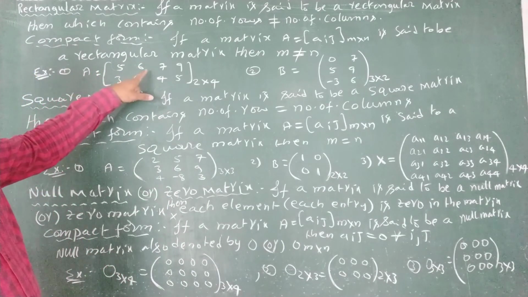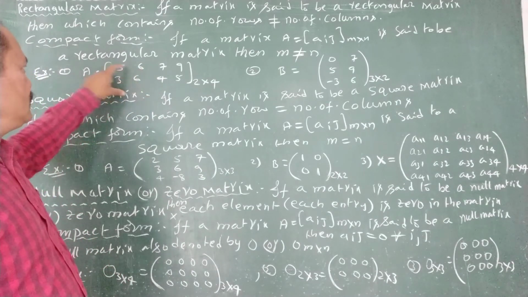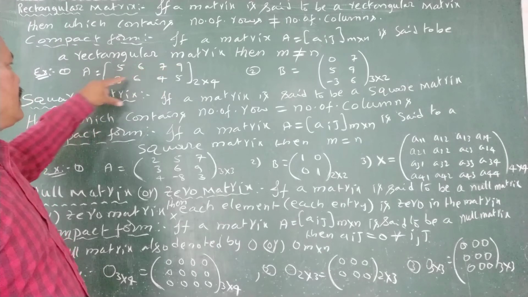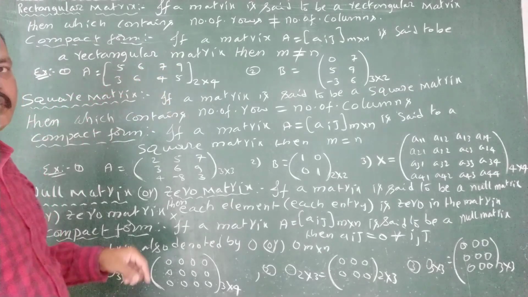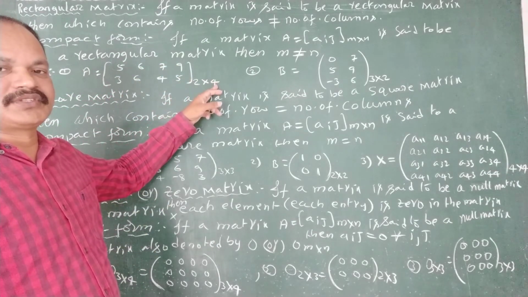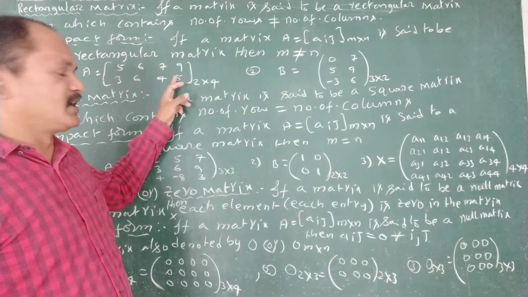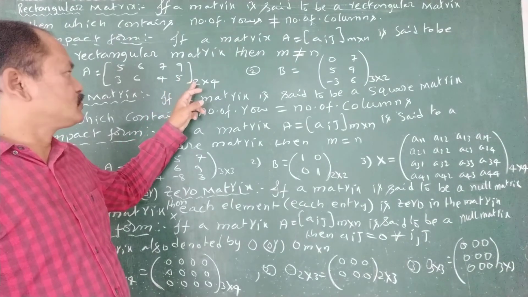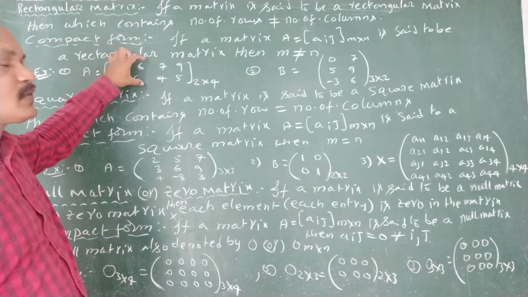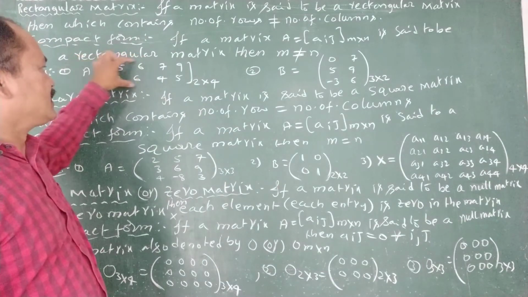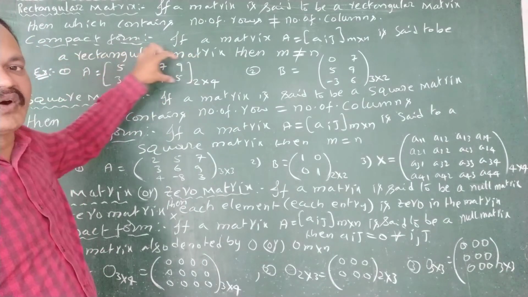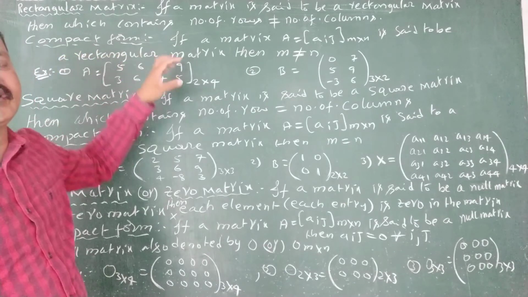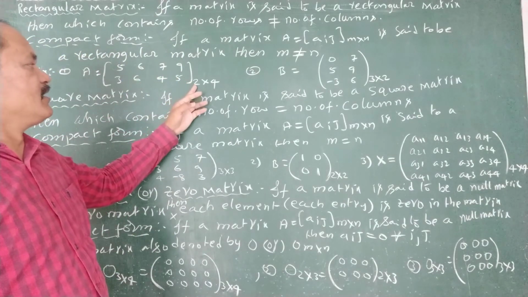Here are the examples. Rectangular matrix: 5, 6, 7, 9 and 3, 6, 4, 5, with 2 rows and 4 columns. This is a rectangular matrix of order 2 by 4, also called a horizontal matrix, where m is less than n.